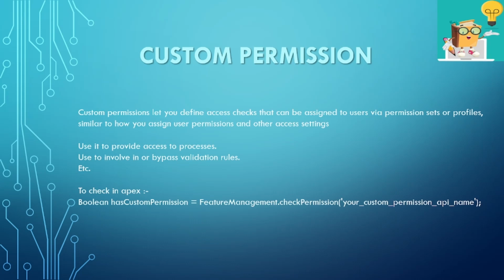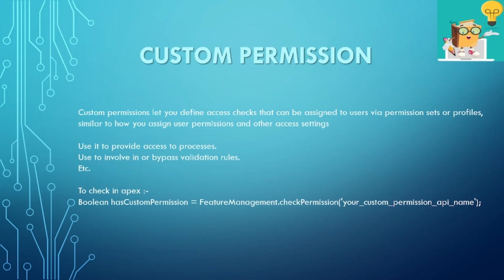So you can use a syntax like what you are seeing here, FeatureManagement.checkPermission, and then you can use your custom permission API name, so that the system will check whether the logged in user has this particular permission enabled or not. Based on that it will return a boolean, whether the custom permission is present or not. Then by using that boolean you can configure your Apex code to run or not to run for that particular user. Okay, so this is how you can use this in Apex as well.